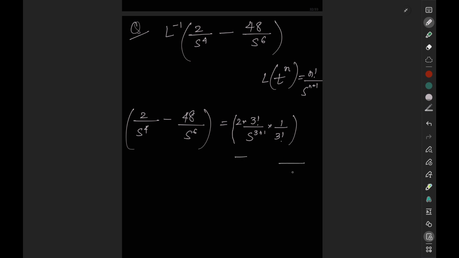minus s to the power 5 plus 1. In the numerator we can write 5 factorial and divide by 5 factorial. 48 was already there. So this term will be Laplace of t to the power 3, and this will be Laplace of t to the power 5.